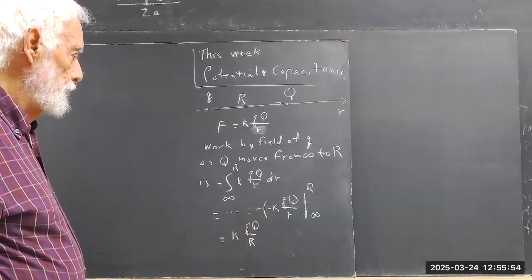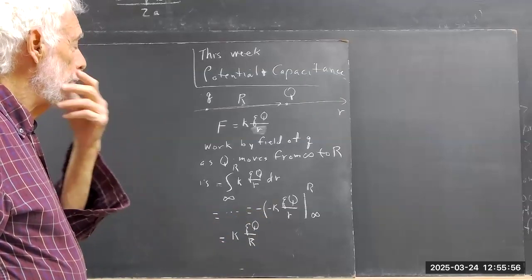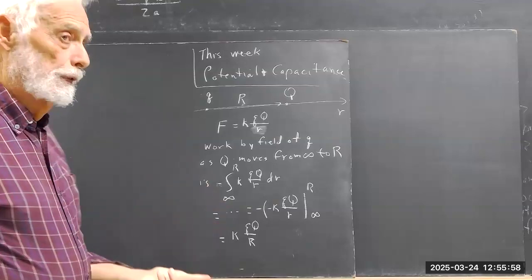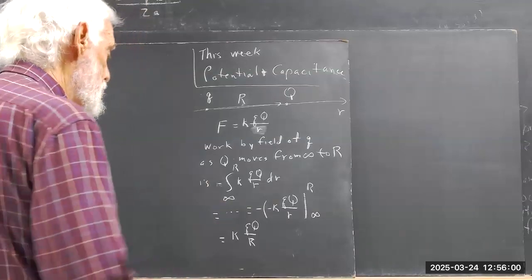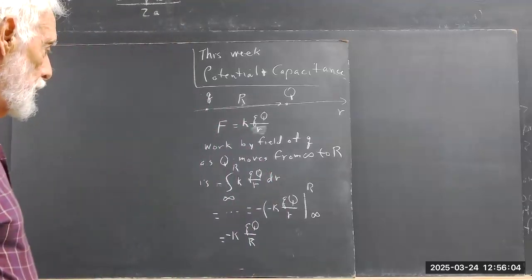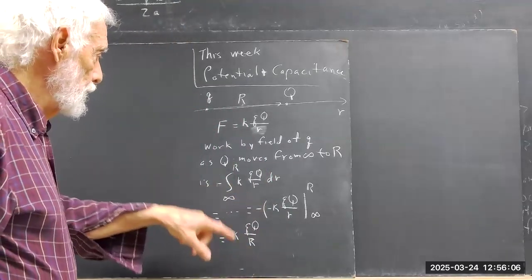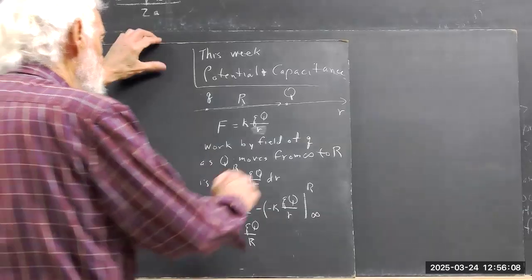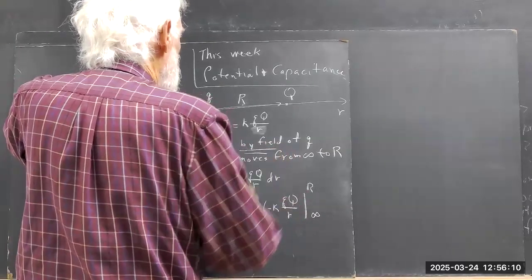You get a negative here, you get a positive here. Oh yeah, it's work done by the field. That's negative K, little q, big Q over R squared, over R. This is work done by the field.